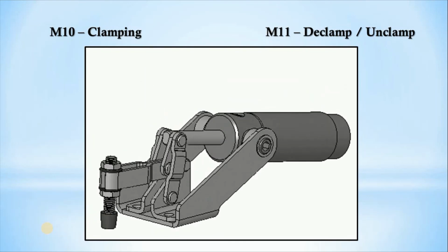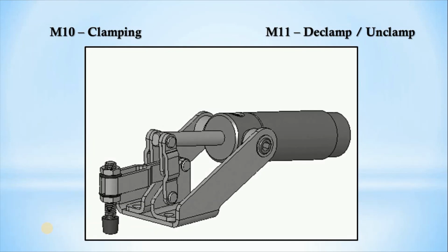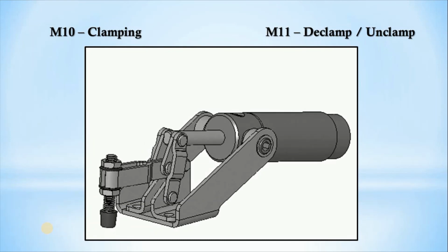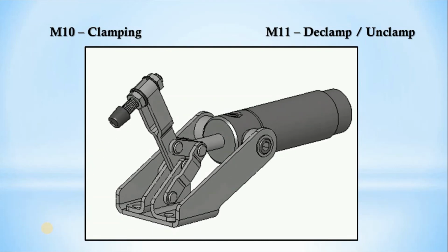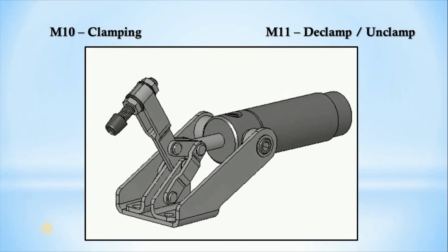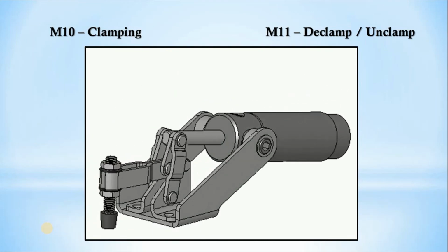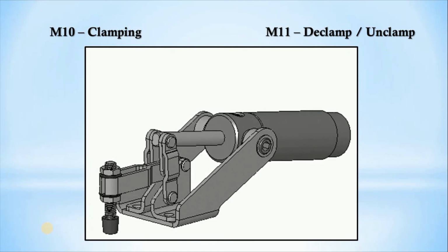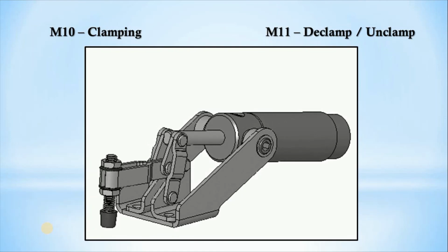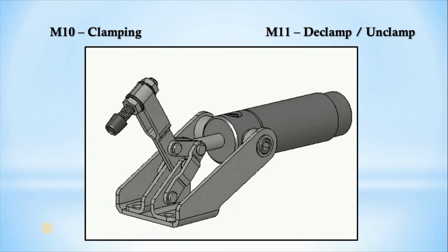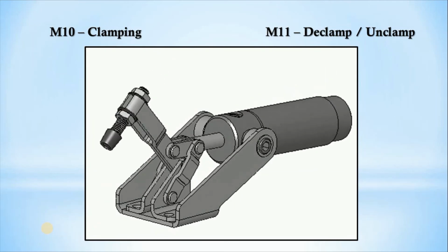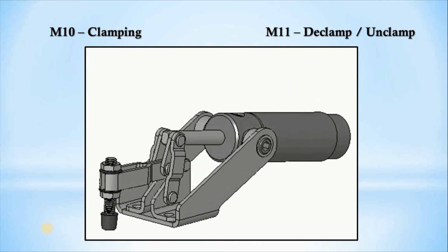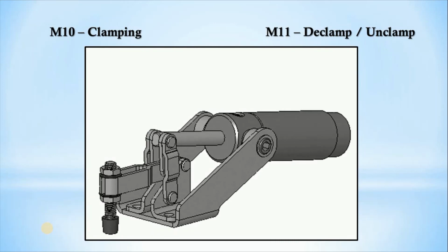We can use manual clamping, but there is a difficulty that the same force will not appear whenever we are doing the operations. There is a possibility that the force will differ. So for this we are using pneumatic clamping. For that we use M10 for clamping and M11 for declamping the chuck.